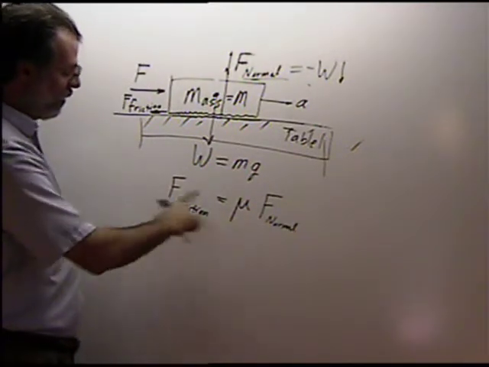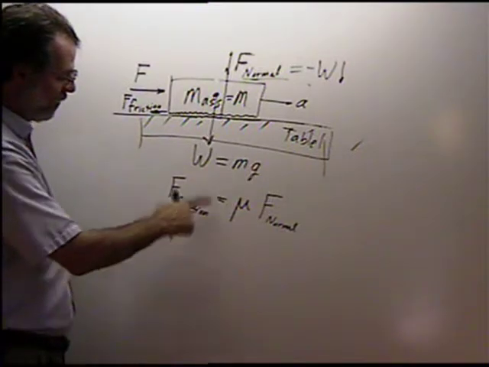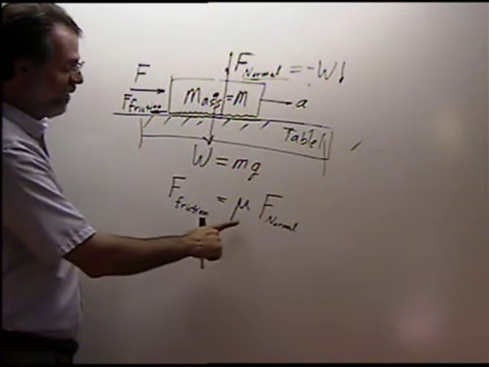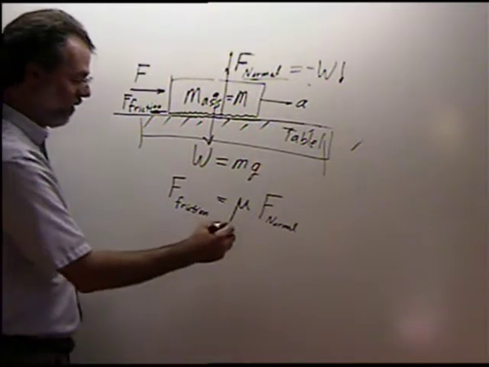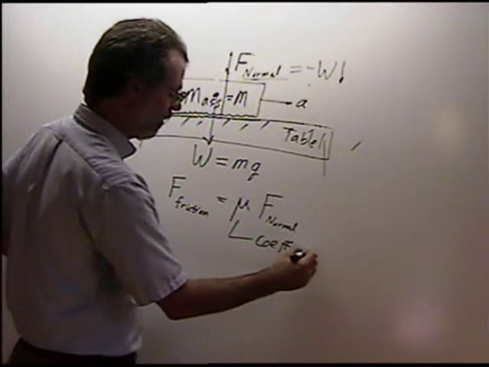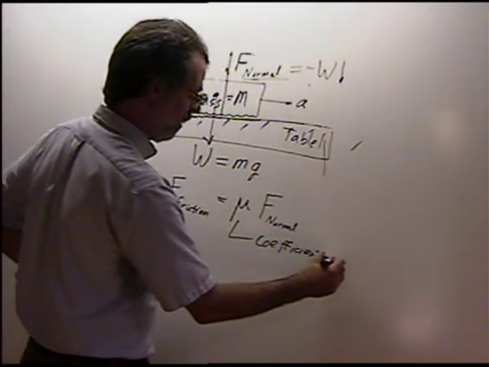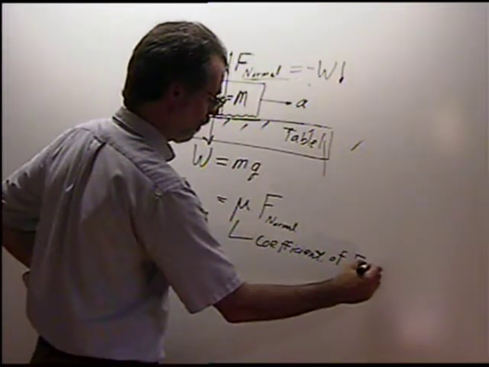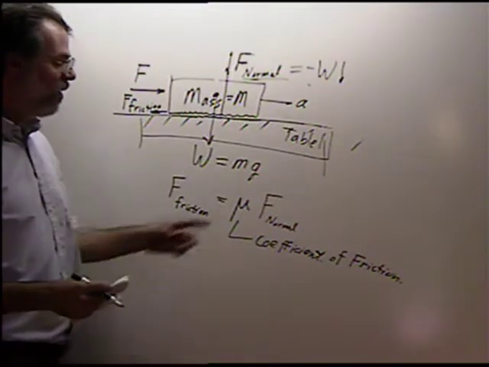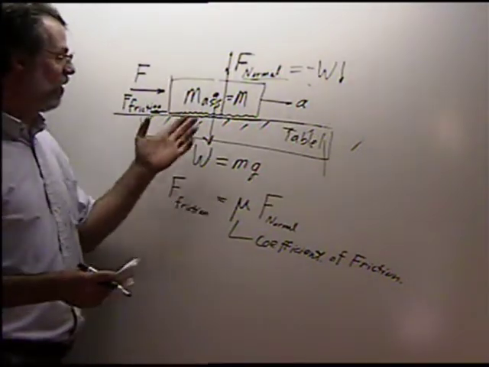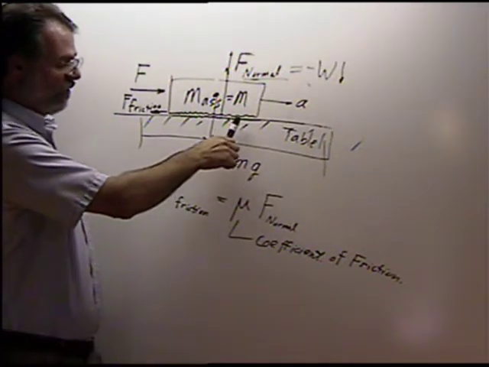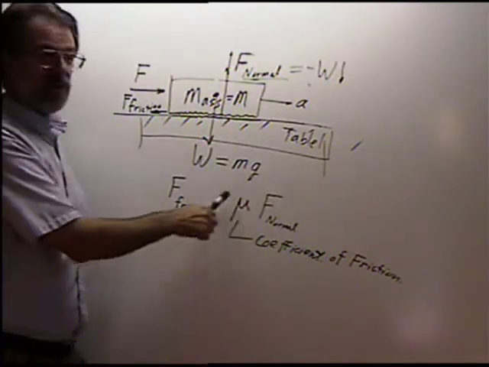So in order to calculate the size of the friction force, we first have to calculate the size of the normal force. Then we multiply it by what's called the coefficient of friction. It's basically a constant. This is something we don't theorize about, we just measure it for each particular mass and surface. Obviously, if we have a real rough surface, this coefficient of friction becomes larger.